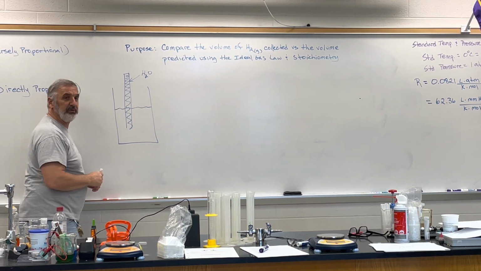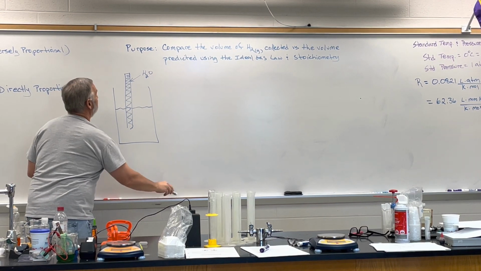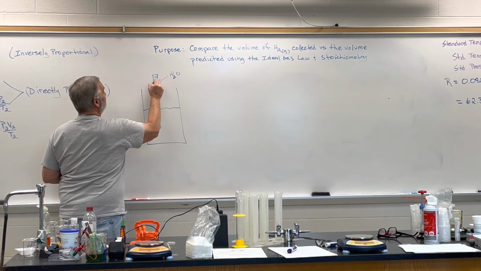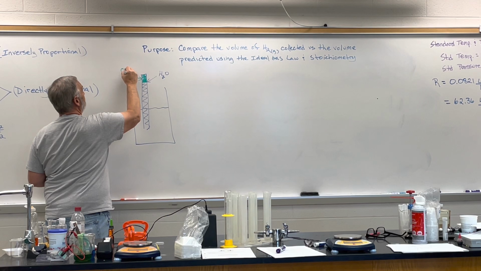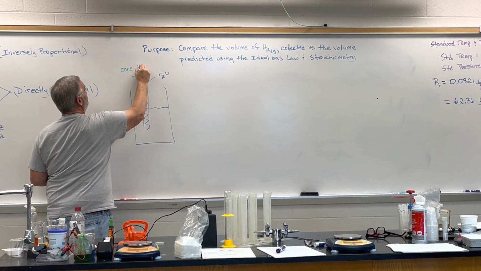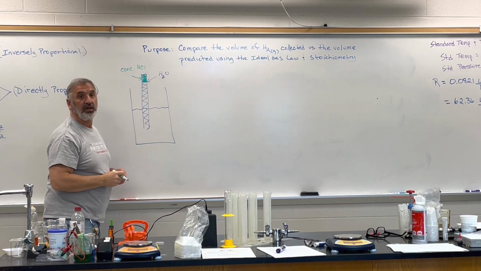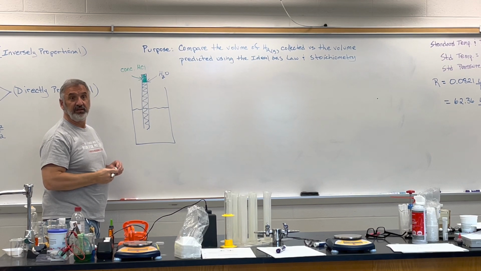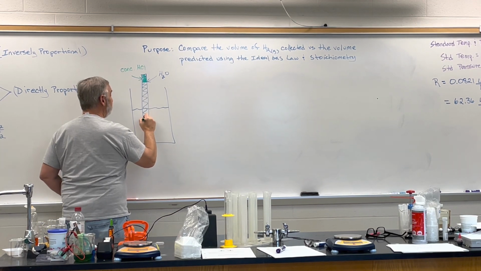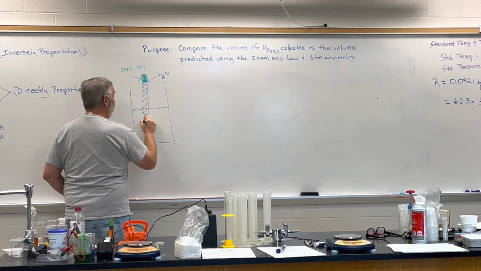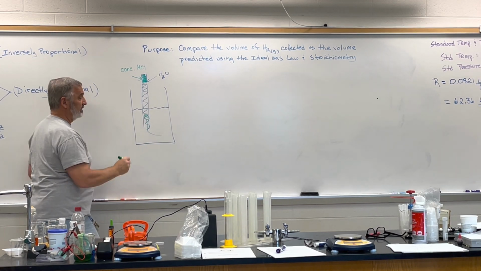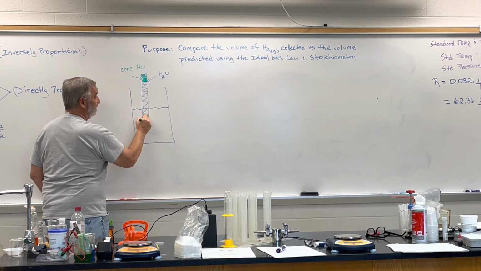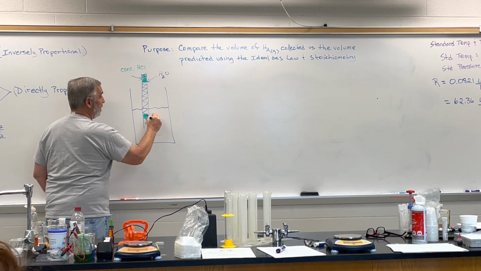What do we pour in there initially? Up in here, we had some concentrated HCl, hydrochloric acid. And then we had a piece of magnesium on a string here, so we had a chunk of magnesium down here.